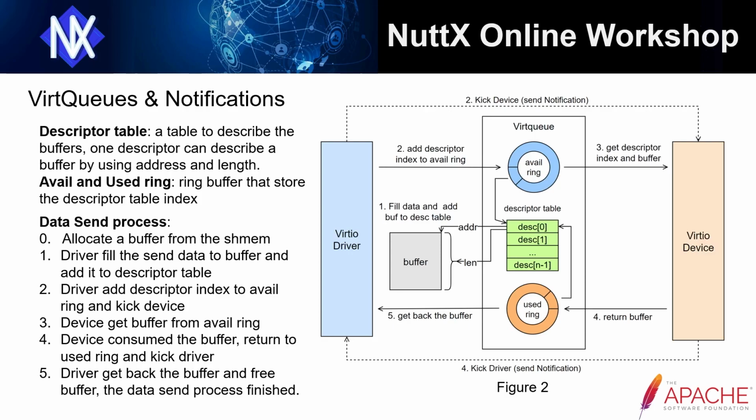The red figure shows the data transfer process from the VirtIO driver to the VirtIO device. But before explaining it, I want to introduce the virtual queue first. As we can see in the red figure, the virtual queue contains 3 parts: the available ring, the descriptor table, and the used ring.